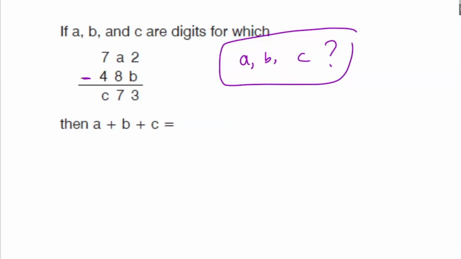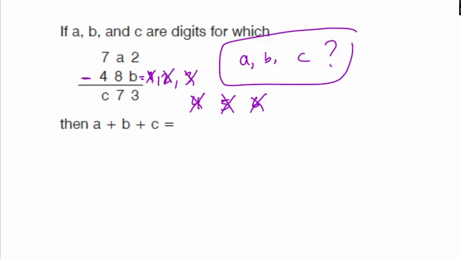Can B be 1? No, right? Can it be 2? No. 3? No. What about 4? No. 5? Esma, why is B not 6? No, it's not possible, right?